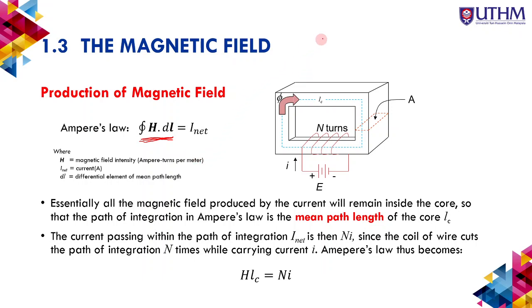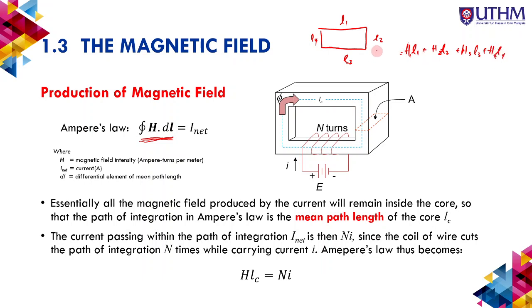For example, we have this is L1, this is L2, this is L3, and this is L4. When we use the integration, we assume the H in L1 is constant, so it will become H1 L1 plus H2 L2 plus H3 L3 plus H4 L4.